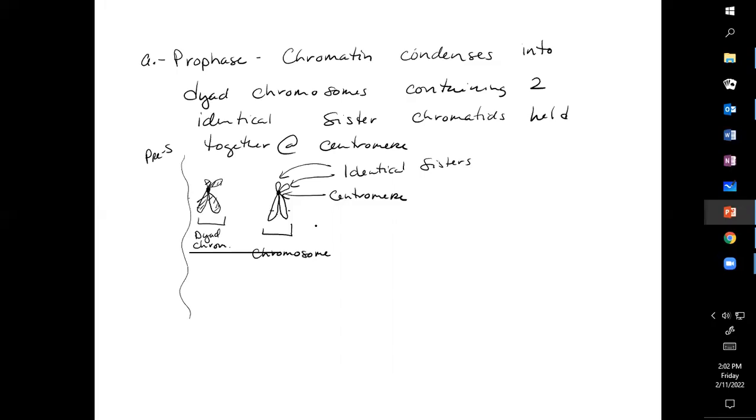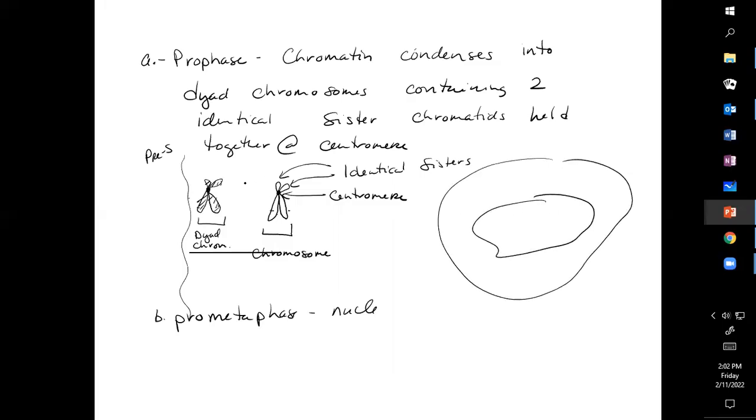So in prophase, the chromatin condenses. We have distinct units, these dyad chromosomes, which are 2 sister chromatids held together at the centromere. In the next phase, prometaphase, the major event that's occurring is that the nuclear membrane dissolves. Because remember, DNA is in the nucleus of a cell, so these would be inside here.